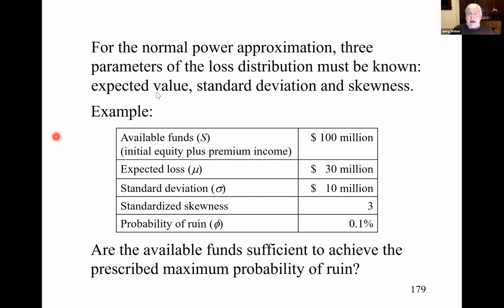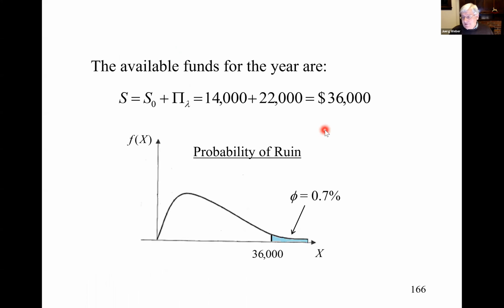So for the normal power approximation, we need to know three parameters. We need to know the expected value, the mean, we need to know the standard deviation, and we need to know the skewness. Let's go back to the loss function.